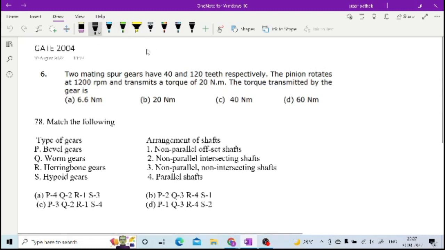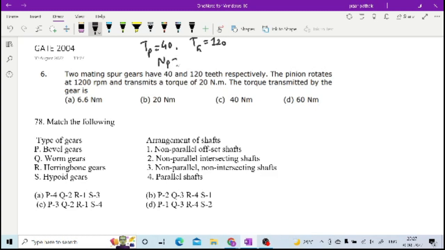Now you have the number of teeth on the pinion as 40 and the number of teeth on the gear as 120. You are provided the speed of the pinion, that is 1200. You are asked to find the torque, but in order to find the torque, first you need the speed of the gear.